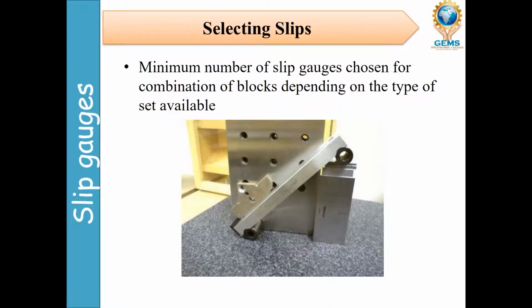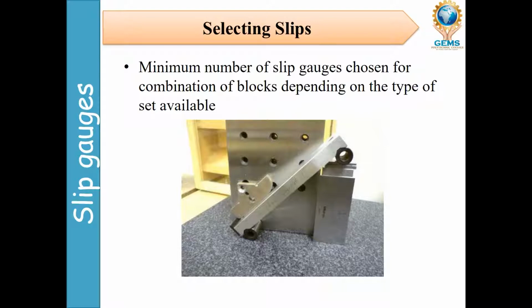Selecting slip gauges. How do we select the slip gauges? The minimum number of slip gauges chosen for a combination of blocks depends upon the type of set available. Depending on what set you have, you select the slip gauges you want.